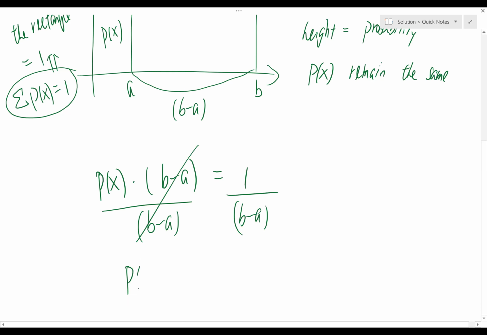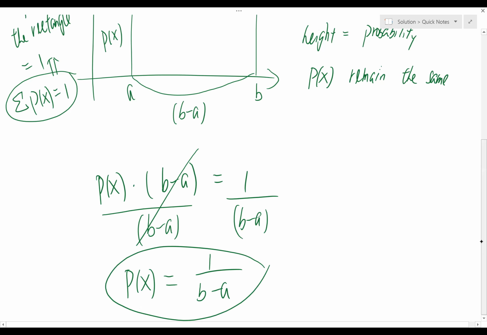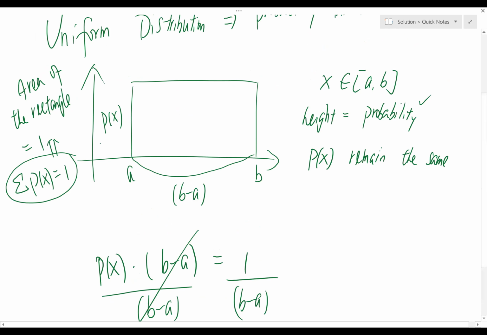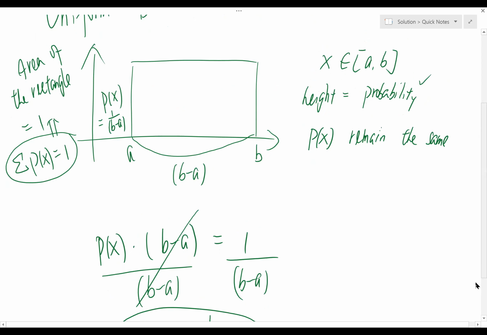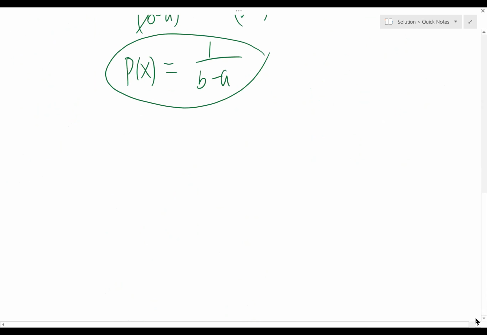So probability of X equals 1 over B minus A. Basically, here the probability is always equal to 1 over B minus A. So the height and the probability are closely related to the base, for this particular case. There are some homework examples about this uniform distribution. We can take a look at one of them as an example.